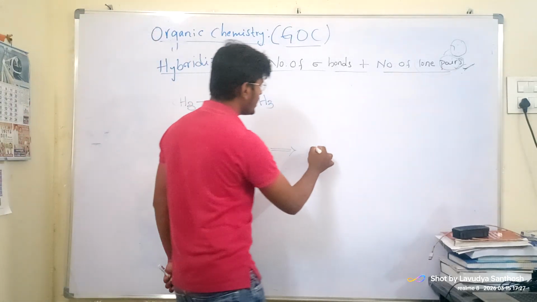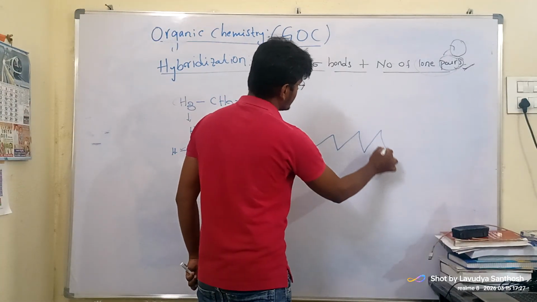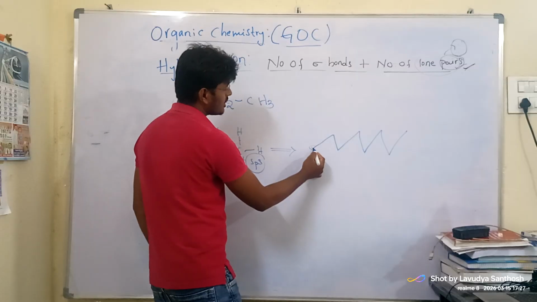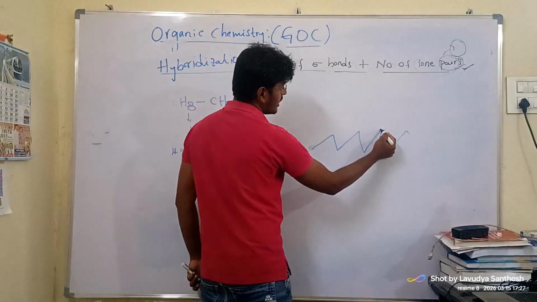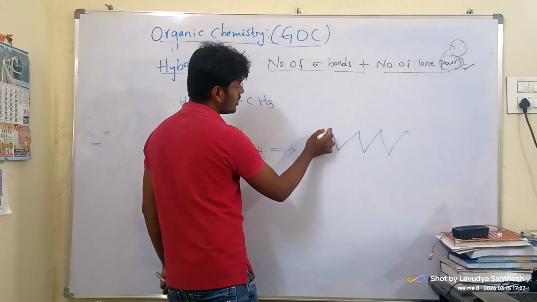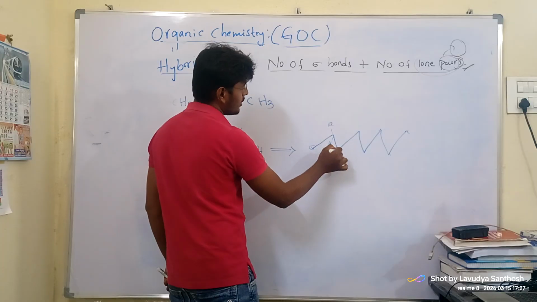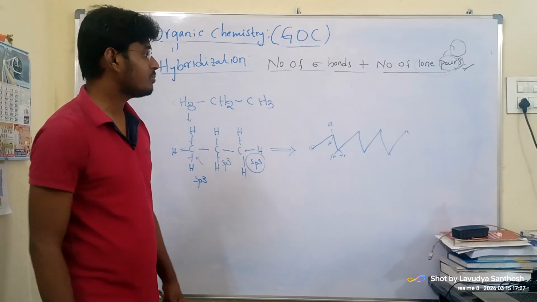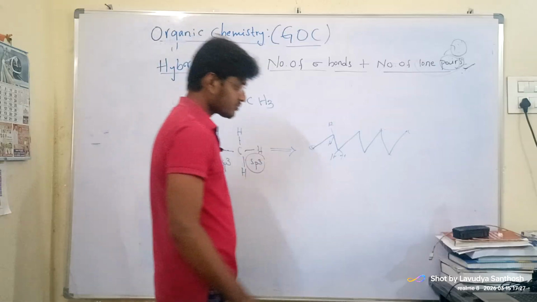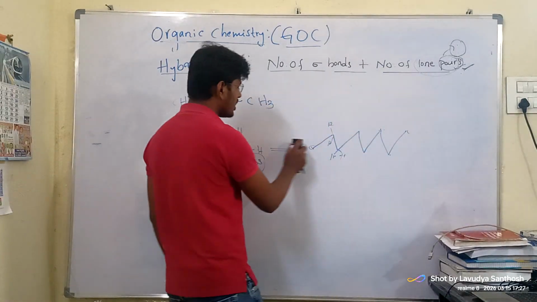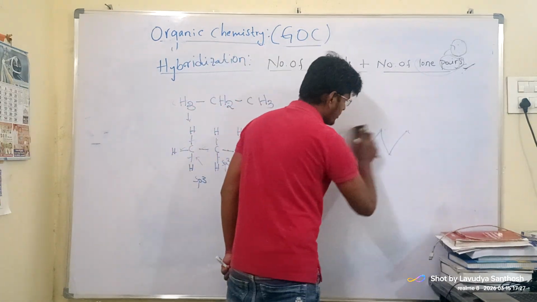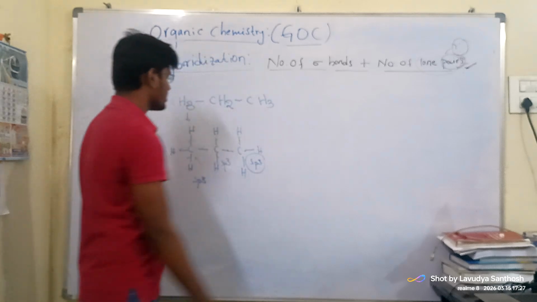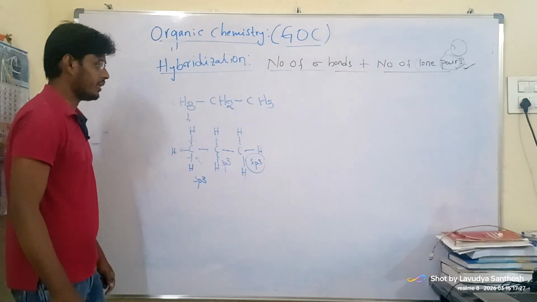These are alkanes: carbon, CH2, where hydrogens are lying above the plane and below the plane. We'll discuss the wedge form and those all in stereochemistry, but up to here you are understanding.